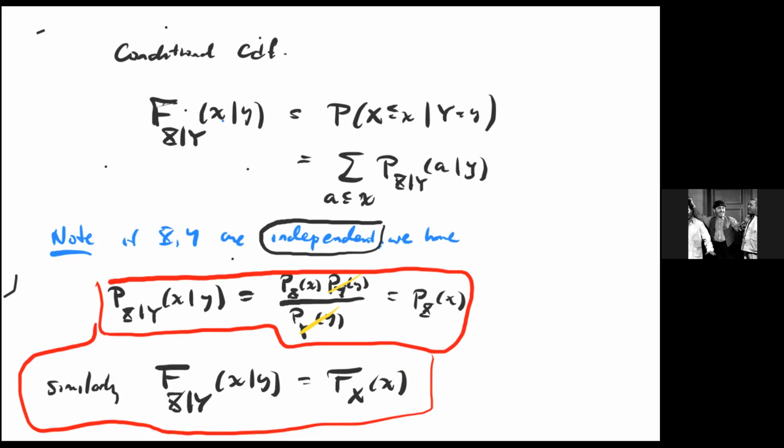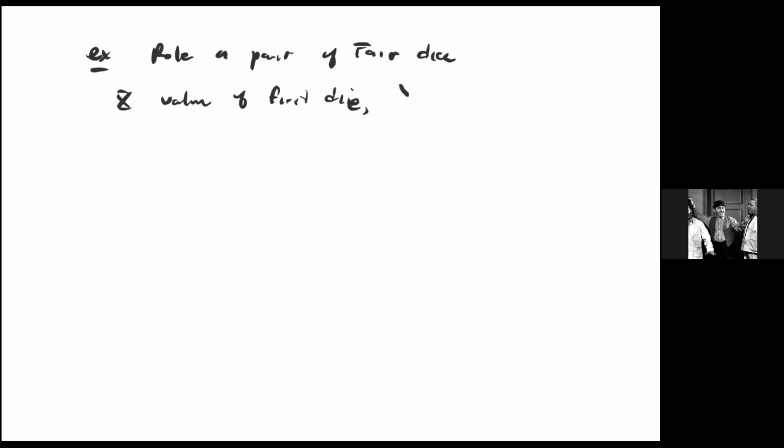Okay, so here we go. So in the example, let's roll a pair of fair dice. Let X be the value of the first die, Y be the value of the second die.